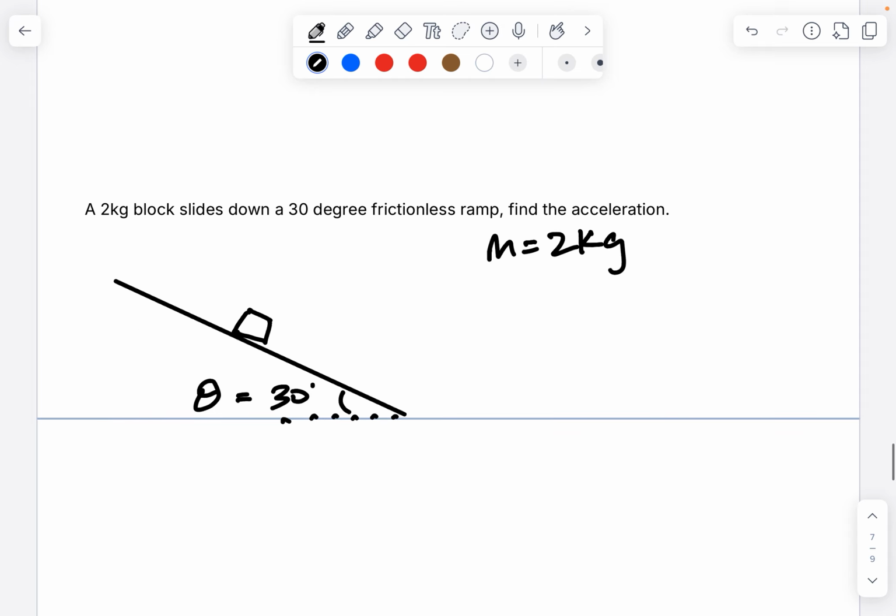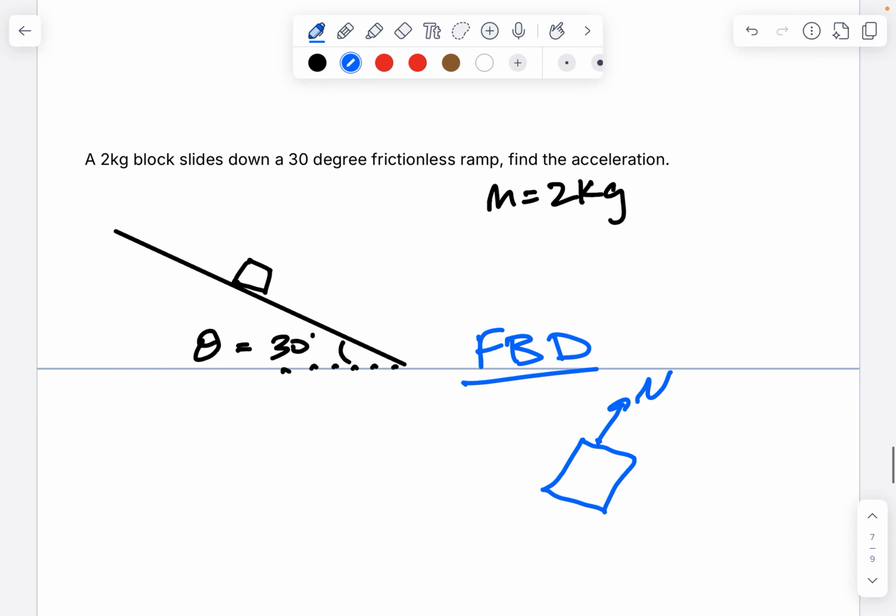So our first step after we draw everything is to draw a free body diagram of the block. We have the block like this. We have normal force going up. We have weight force going down. And because it's at an angle, I'm going to split it up into weight perpendicular and weight parallel.